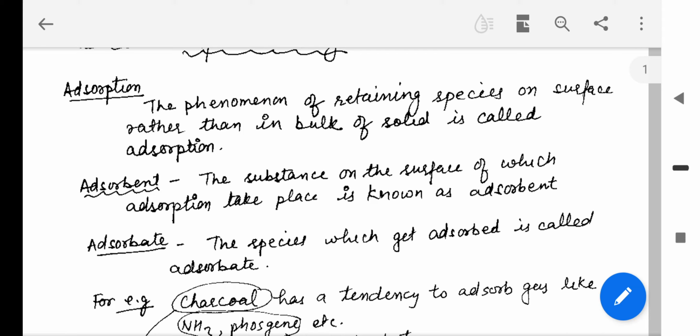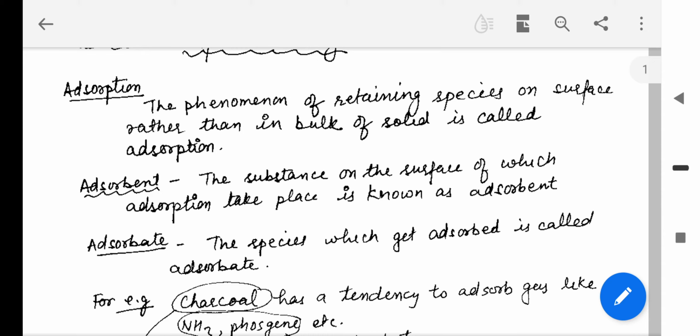Then you break the piece of chalk and you see both absorption and adsorption have taken place. The ink particles are more retained on the surface, but a part of it also enters inside the chalk. So whenever adsorption as well as absorption takes place, this process is called sorption.